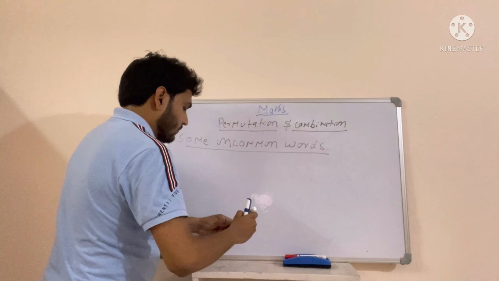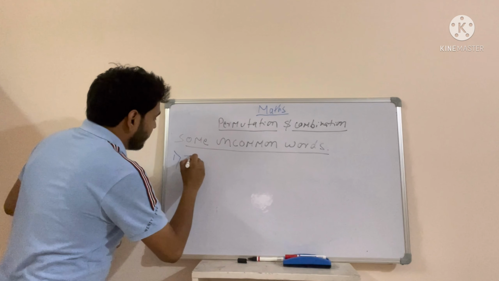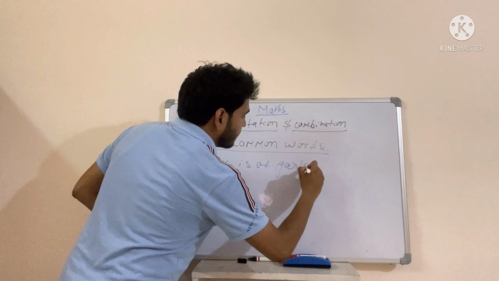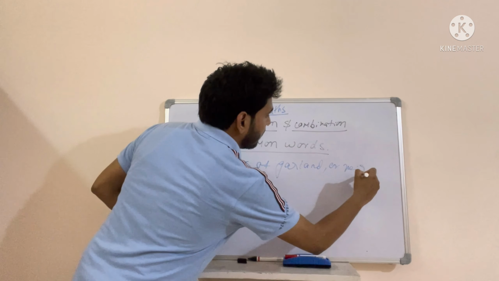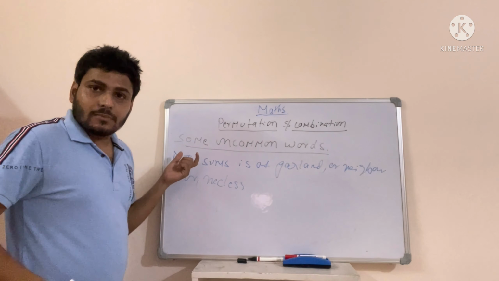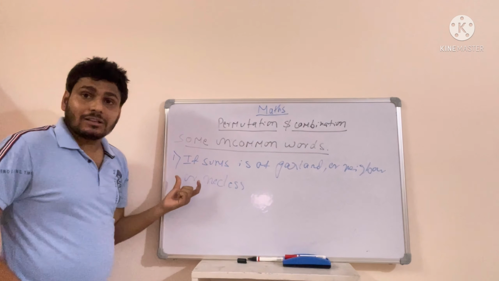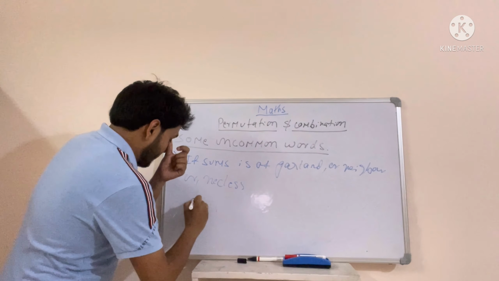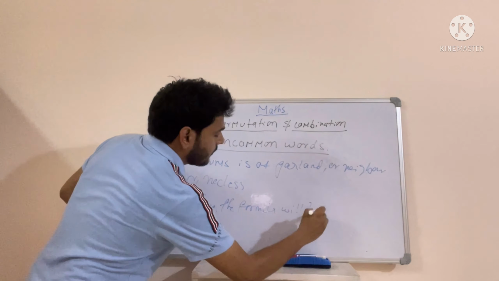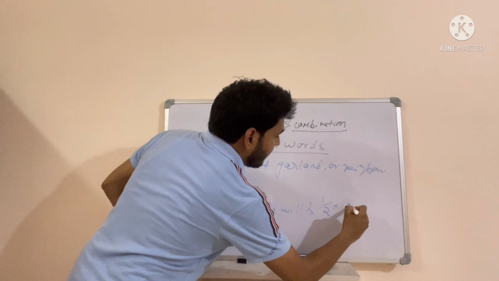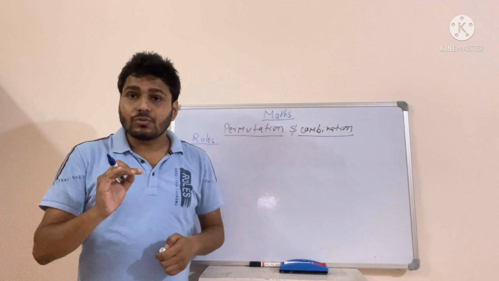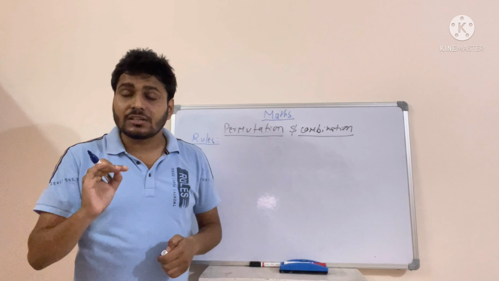For example, if the sum is of garland, neighbor or necklace, then the formula will be half into (n minus 1) factorial. This is fine? Okay.